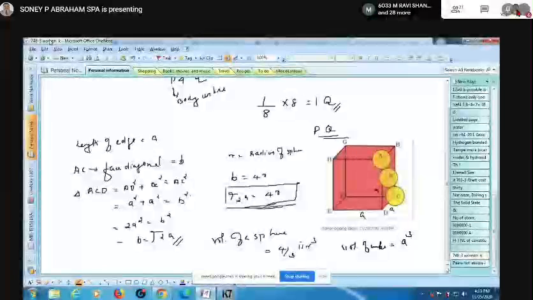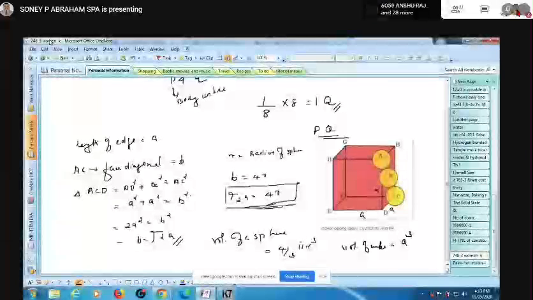R is equal to A by 2 root 2. And what will be A? A is 4R by root 2, which is 2 root 2 R. So this is the relationship between A and R.